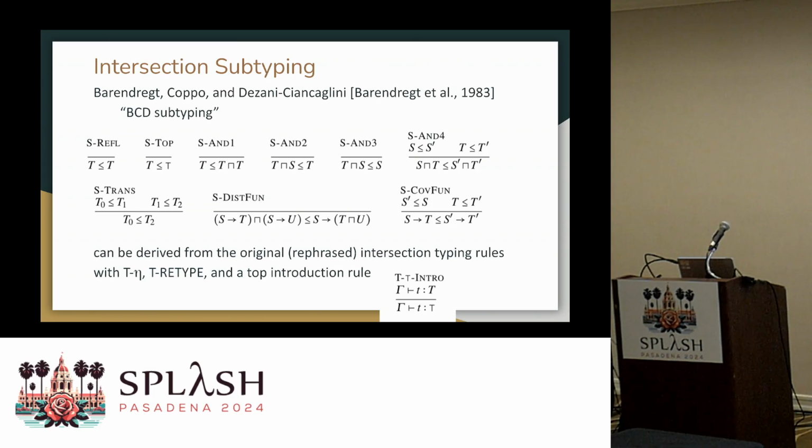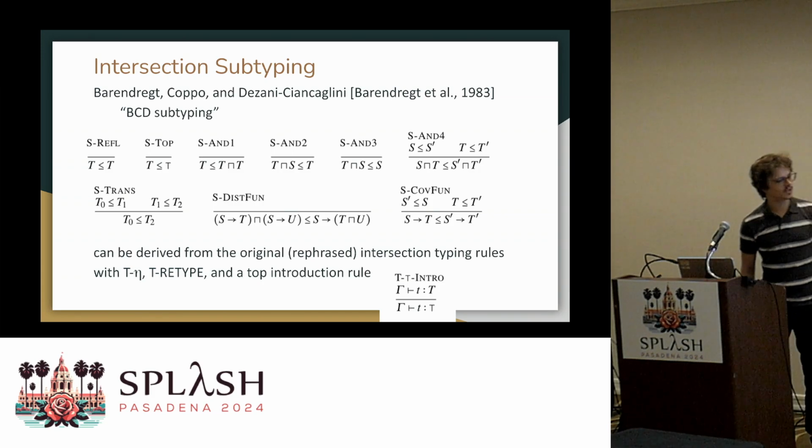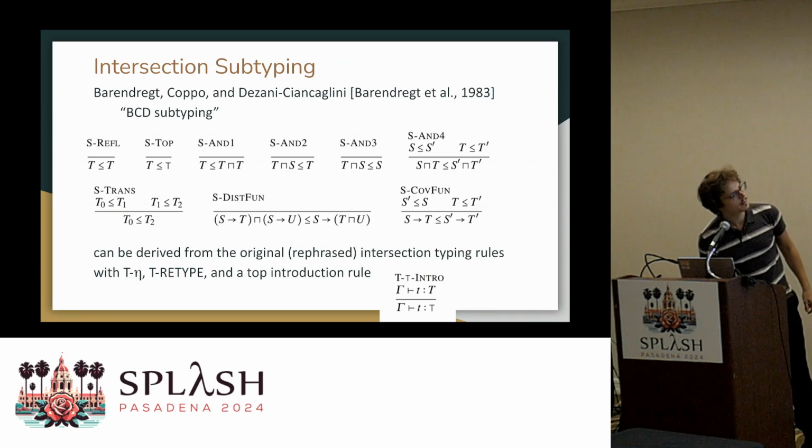So intersections are idempotent, so you can take a T and make it an intersection of T and T, and you can eliminate, forget about some components of it through subtyping, and you can apply subtyping concurrently inside the intersection, right? And this system did have this a bit fishy rule that distributes the intersection inside, which is not sound in the presence of side effects in a system like this.